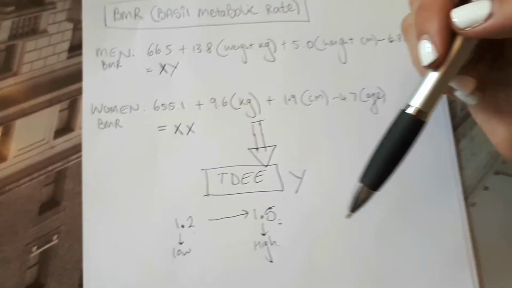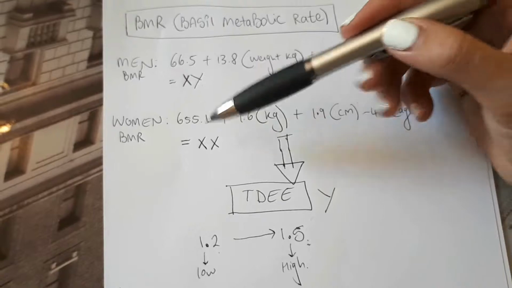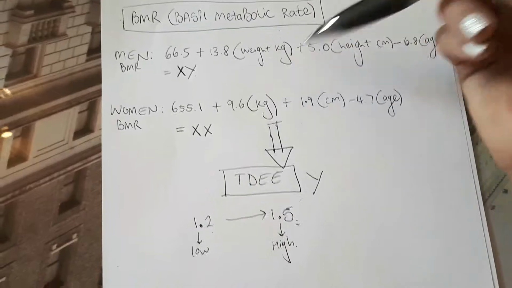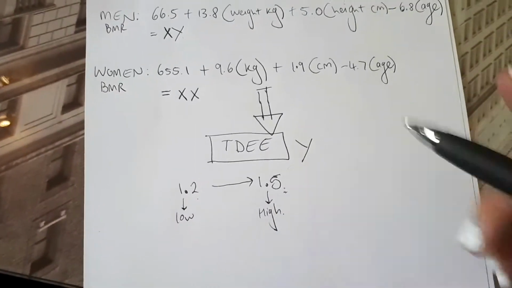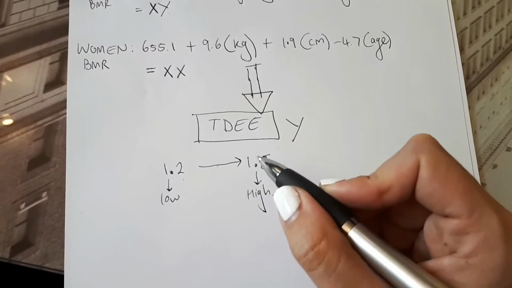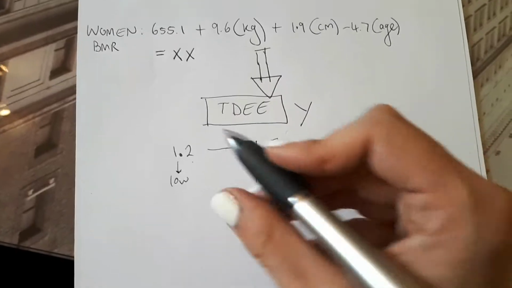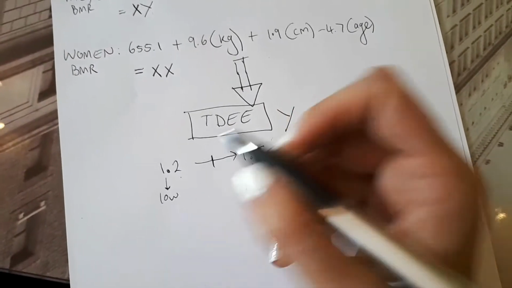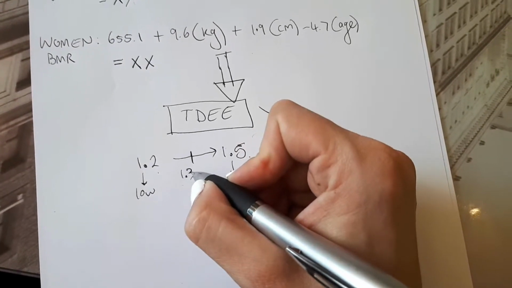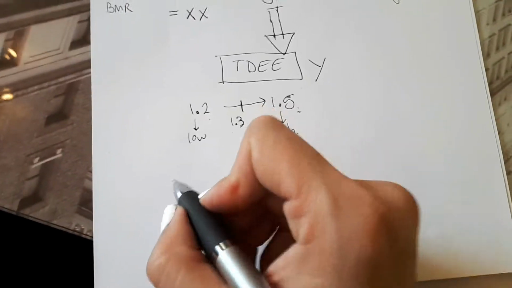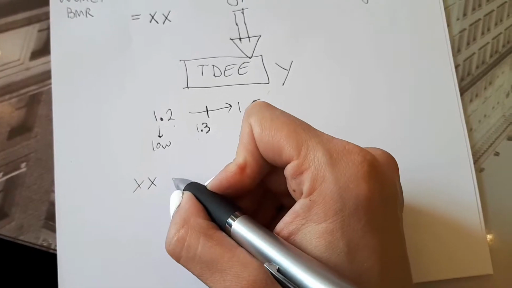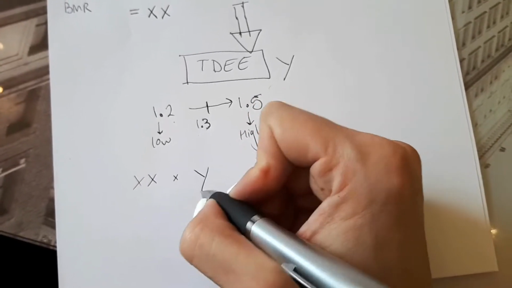For the purpose of this video, because I'm female, I'm going to use XX, and I'm going to times it by Y. I don't have a very demanding daily activity besides gym, so I'm just going to pick somewhere roughly in the middle. I'm going to pick 1.3, and that's going to be my Y. So I'm going to take my XX and times that by my Y.